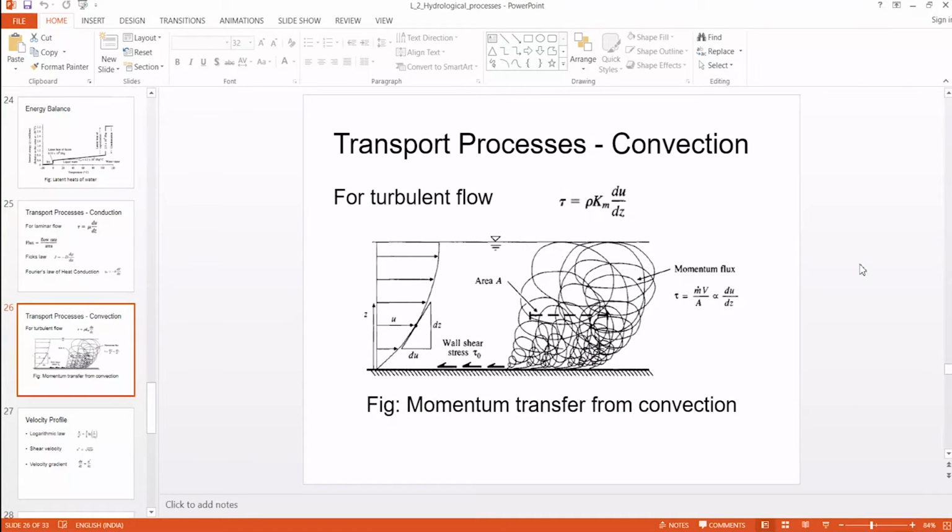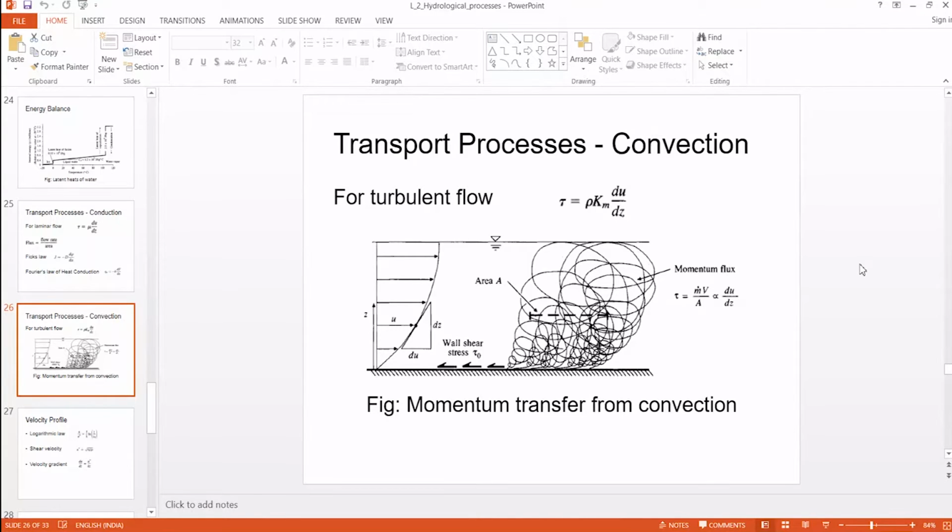Similarly, convection. In fluid flow, convection takes place due to turbulence. Turbulence is eddies. Suppose water is flowing in a canal, stream or river. If the velocity is high, what happens? There is a lot of mixing taking place, there are a lot of eddies.